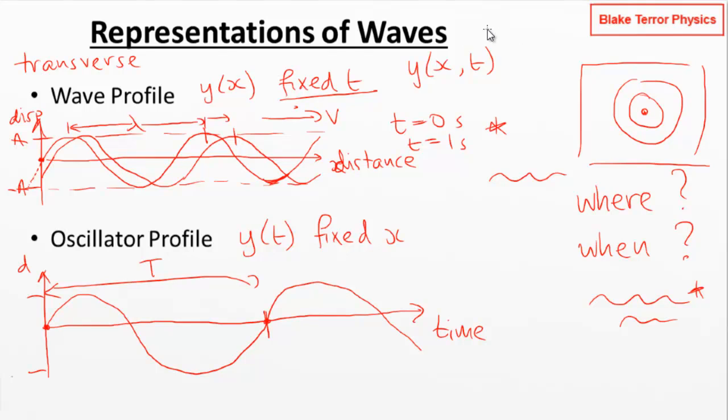But of course, we've also got longitudinal waves. Here we've got our displacement, which we're necessarily drawing perpendicular to the direction of motion of the wave. We can still represent a longitudinal wave in this way as a wave profile, but you have to remember that if we've drawn a longitudinal wave with one of these wave profiles, that doesn't mean the particle is actually moving in a perpendicular direction.